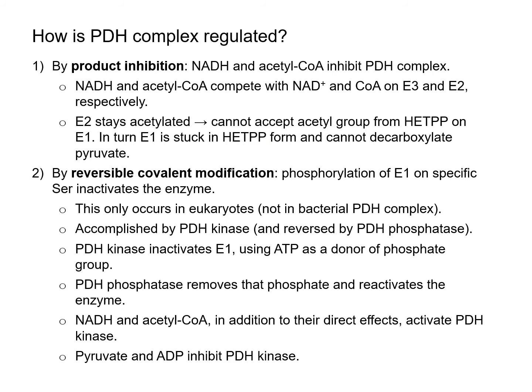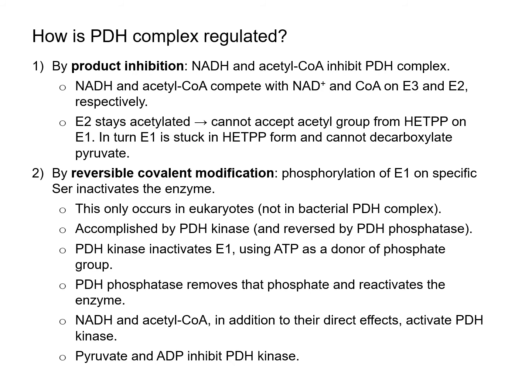And the second mechanism of regulation for the PDH complex is reversible covalent modification. An example is the phosphorylation of E1 on specific serine, which inactivates this enzyme. This only occurs in eukaryotes, but not in the bacterial PDH complex.